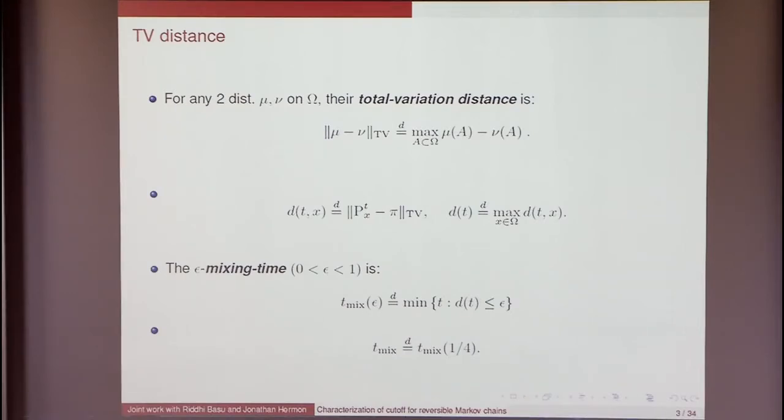So if you don't care about constants that depend on epsilon, then you can just fix epsilon to be a quarter. But here we'll want to do finer things and understand the dependence on epsilon. But t mix is just going to be an abbreviation for t mix of a quarter when we don't write the epsilon.